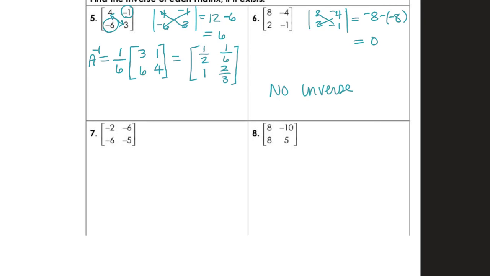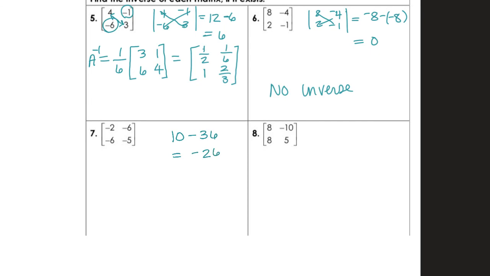Again, find your determinant. So this determinant, let's see, what are we going to get for the determinant? 10 minus 36. So that's going to give you negative 26.